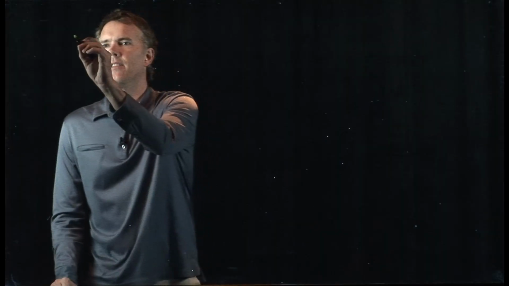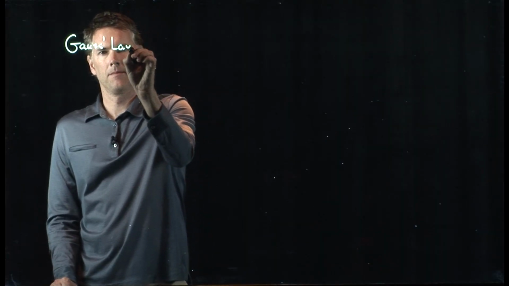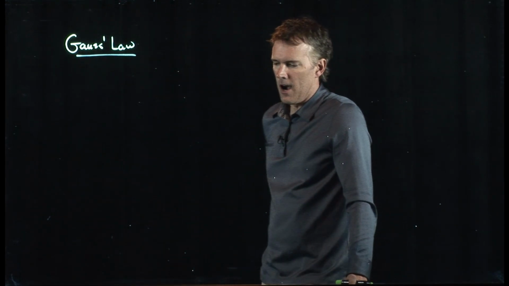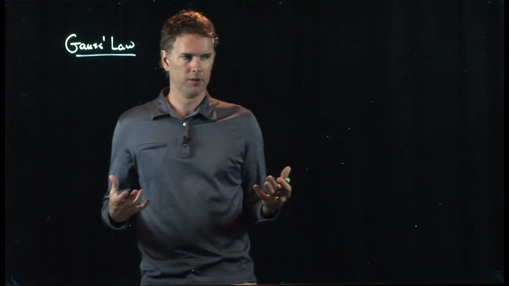Okay, let's talk about Gauss's law. This is one of the biggies and one of the more difficult concepts to understand. Gauss's law is an approach to calculating electric fields for different charge distributions.